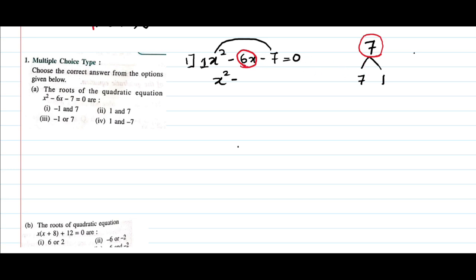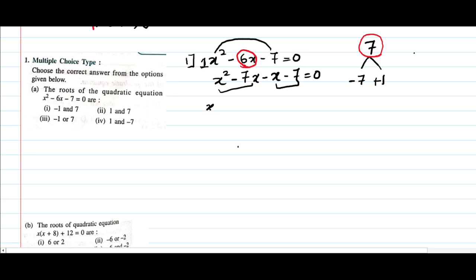So next we will solve this x square. How to do this? If we take minus 7 and plus 1, we will get minus 6, right? So how to write this? x square minus 7x plus x minus 7 is equal to 0. From this we have to take one thing common, and from this we have to take one thing common.